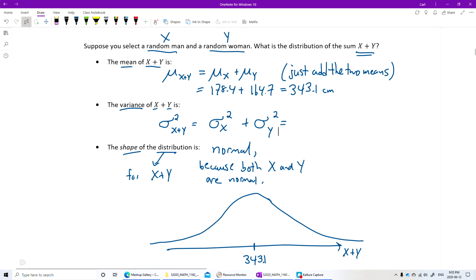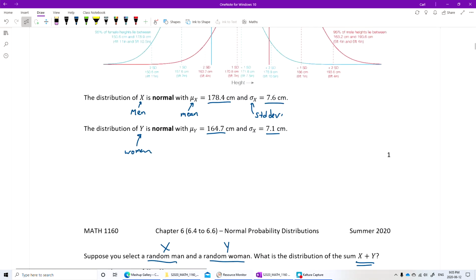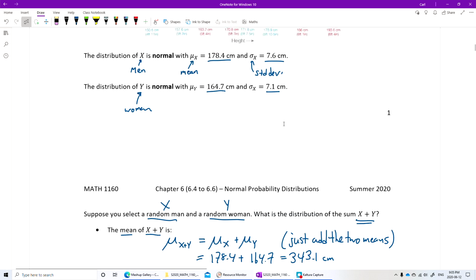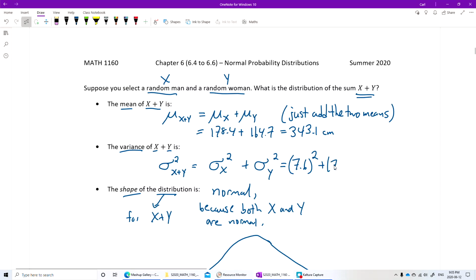because then I can actually calculate it here. So what is the variance for men? It was 7.6 squared, because I know sigma was 7.6. So the variance is 7.6 squared. And then for women, it's 7.1 squared. So what do I get? 7.6 squared plus 7.1 squared is 108.17.